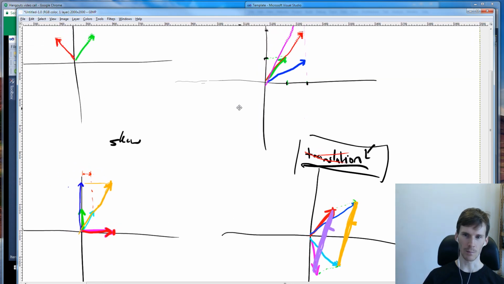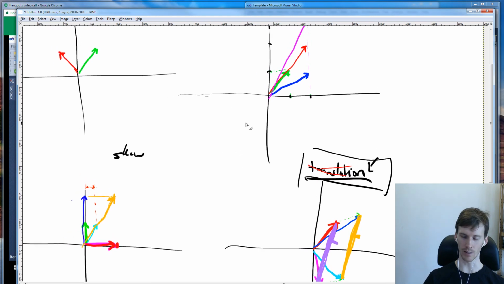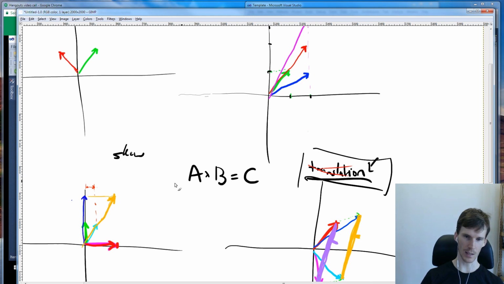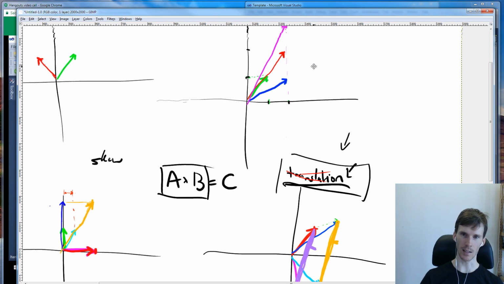But the interesting thing is that you can combine these, and you'll hopefully have seen this. If you have matrix A times matrix B, you get a matrix C that is the combination of these two transformations. So you could, for example, combine a translation and a scale.